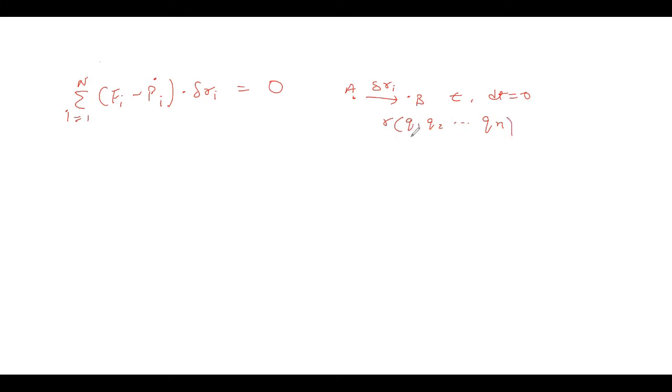So this q represents my generalized coordinates. What do we mean by generalized coordinates? It means that these coordinates are independent of each other. When all the coordinates are independent of each other, we can consider them as generalized coordinates.